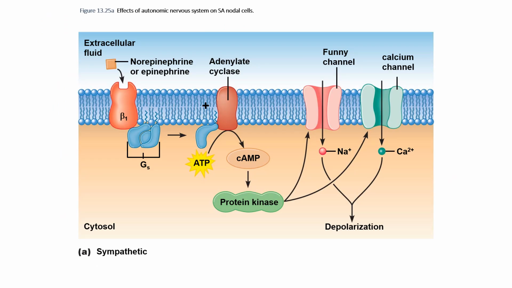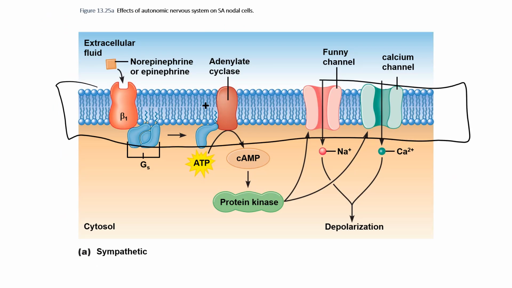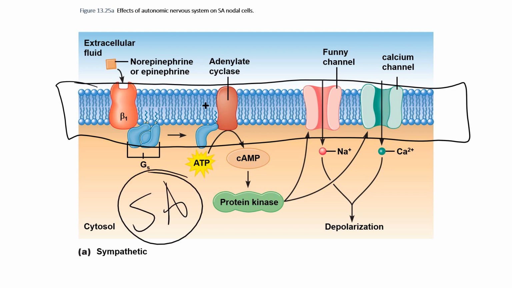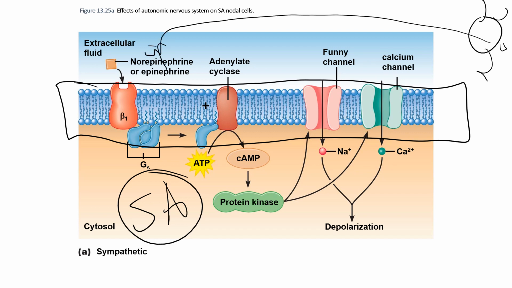So yet again, here's the plasma membrane of an SA node fiber. Here is a sympathetic autonomic motor neuron releasing norepinephrine onto the sinoatrial node fiber.